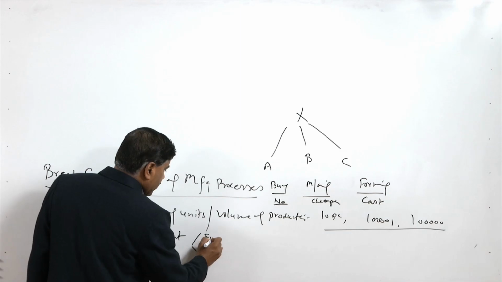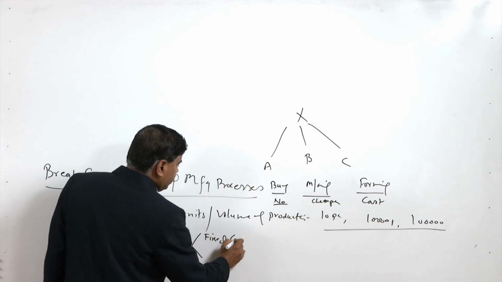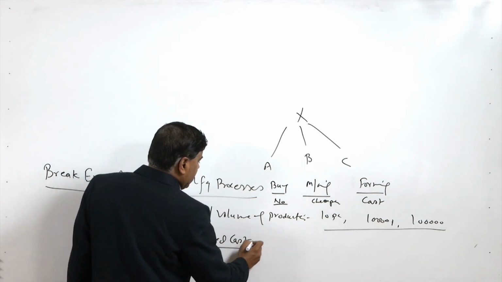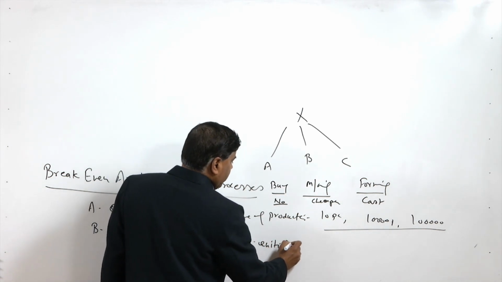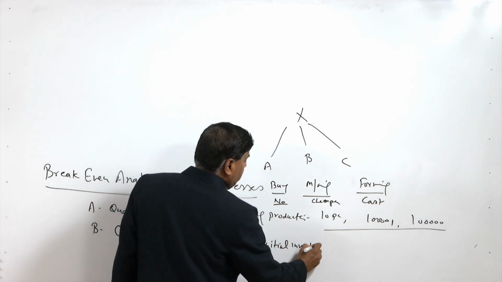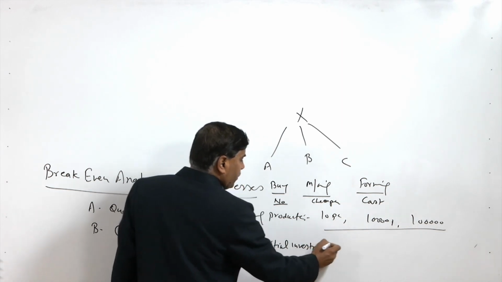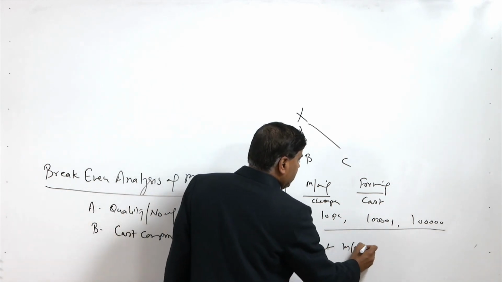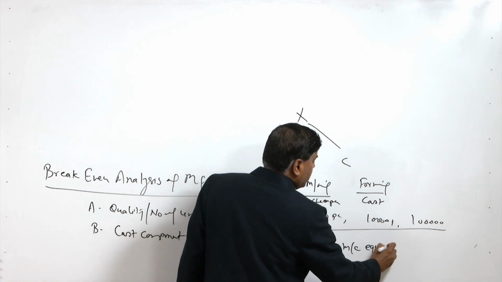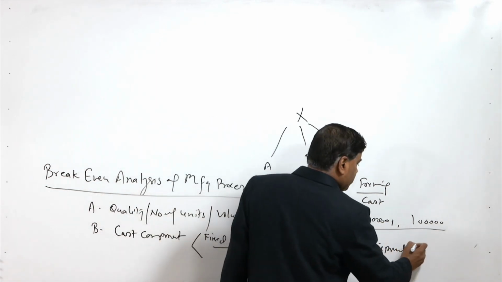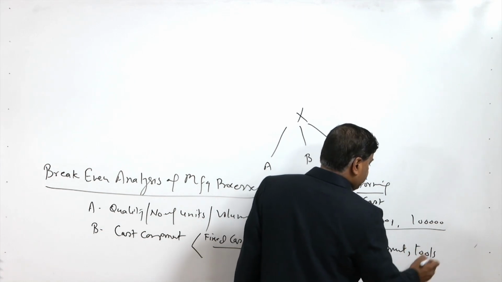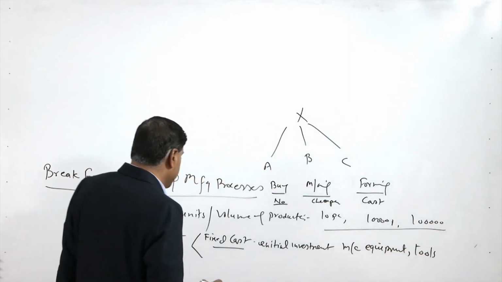One is fixed cost, which is in the form of the initial investment to be made for procurement of the machine or equipment, so that the given setup can be made, or sometimes if it is unique, then tools are also incorporated in this.